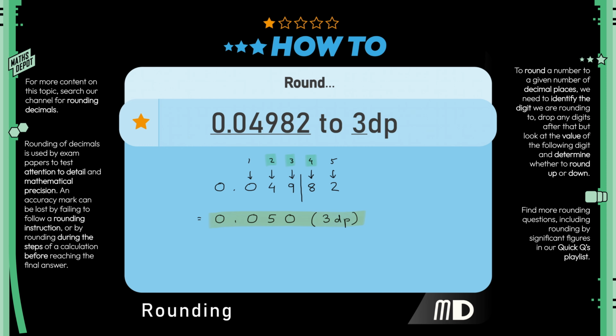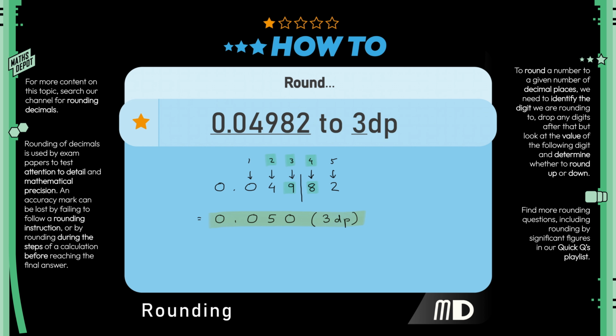To round to 3 decimal places, we need to keep everything up to and including the third decimal place, which is 9. But the fourth digit is an 8, which is above 5. So we need to increase 9 by 1.